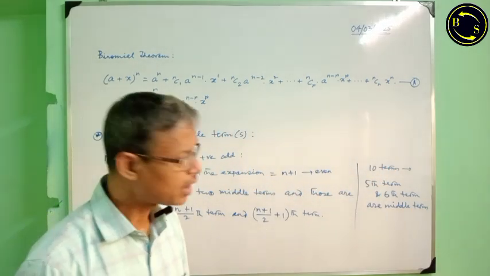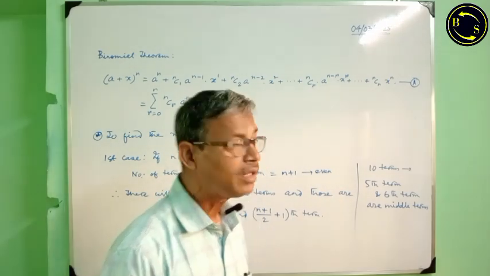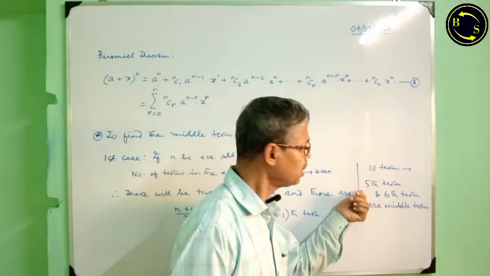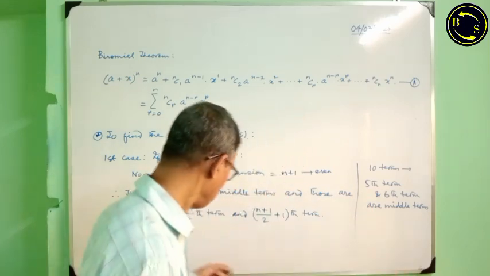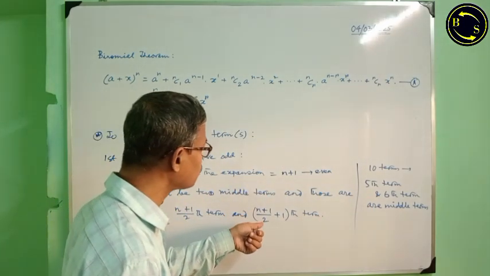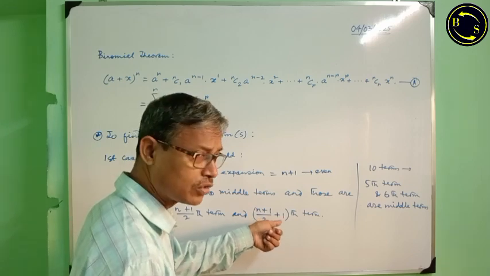If there be totally 10 terms, then middle terms will be fifth term, 10 by 2, fifth plus 1. That is why (n plus 1)/2 th term and (n plus 1)/2 plus 1.